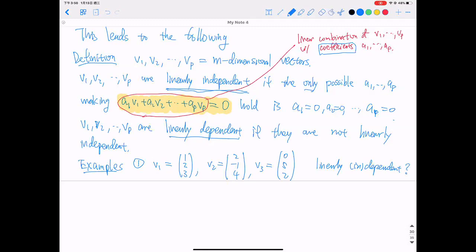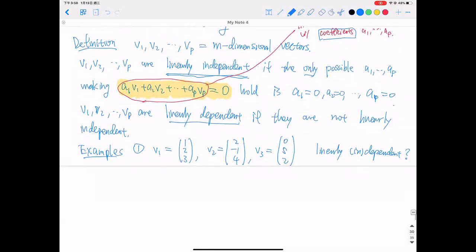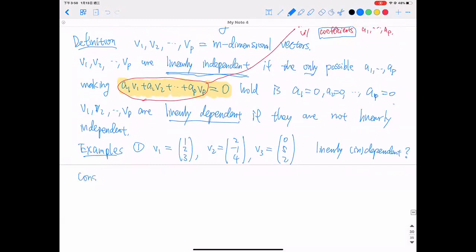To decide on that, we have to consider linear combinations of these vectors. We need to find values of x1, x2, x3 for this to hold.